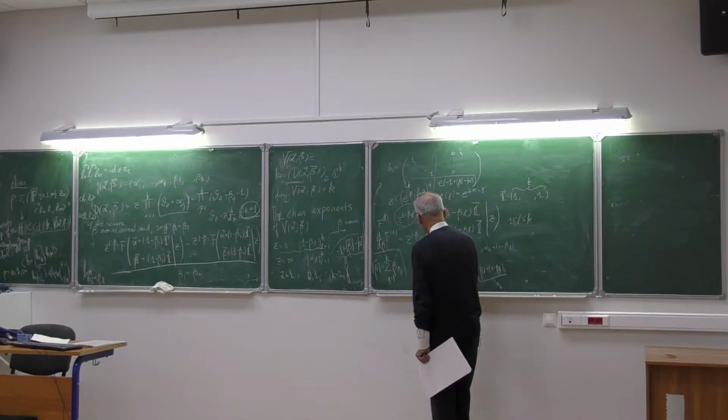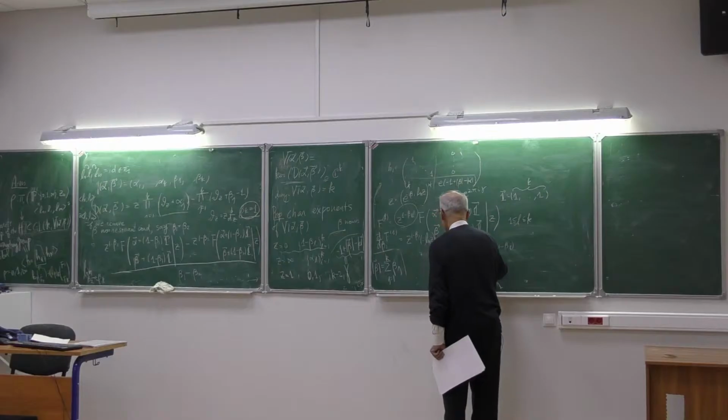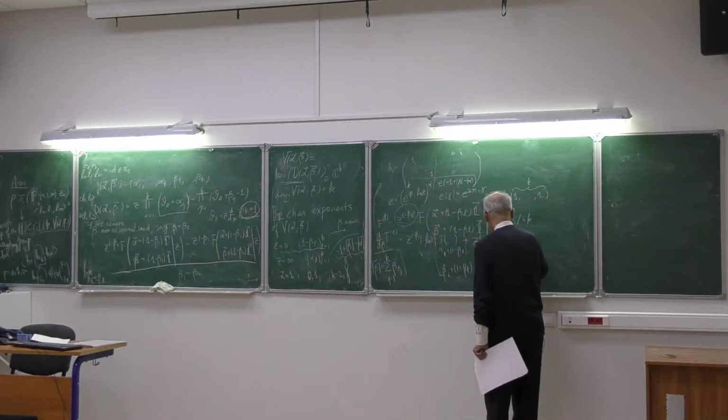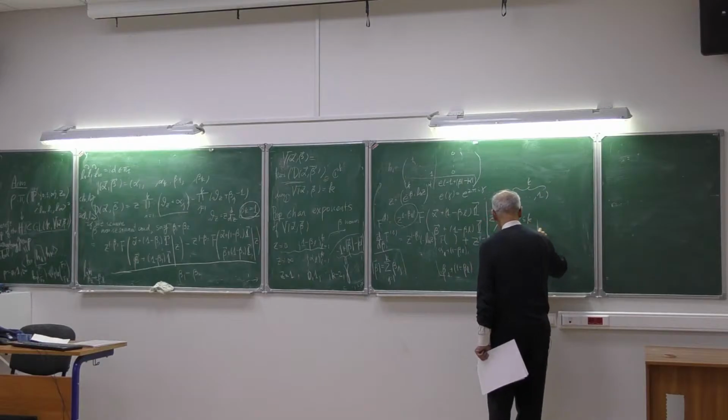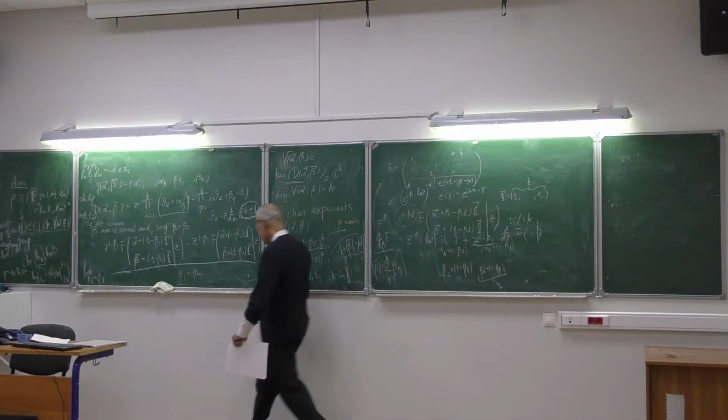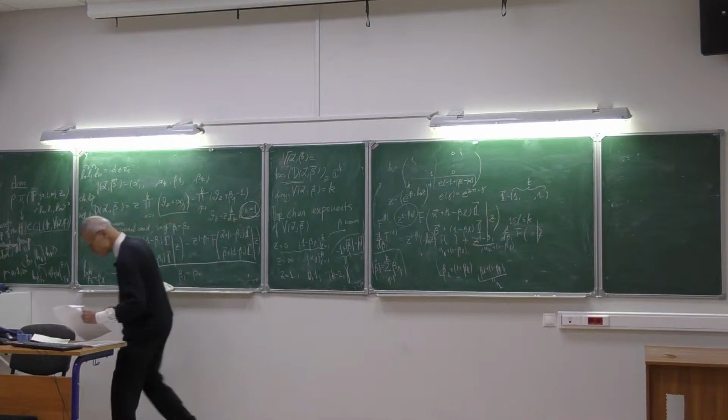Plus, this will go on beta 1 times beta 1 of this element. So here, the exponent remains e to the power 1 beta 1.